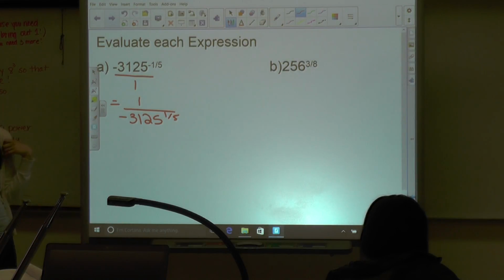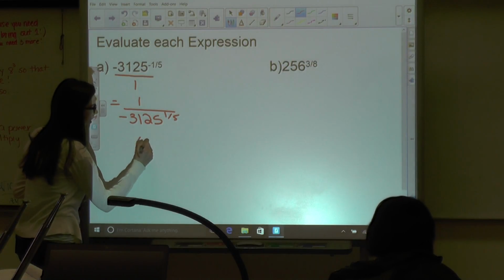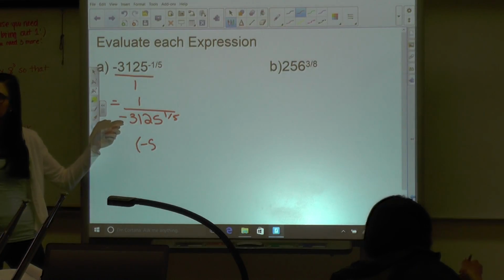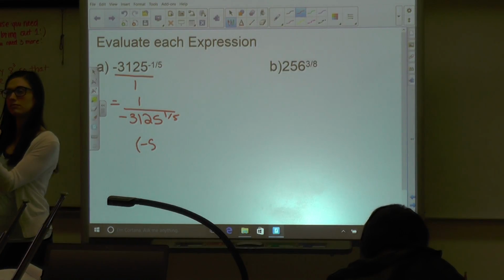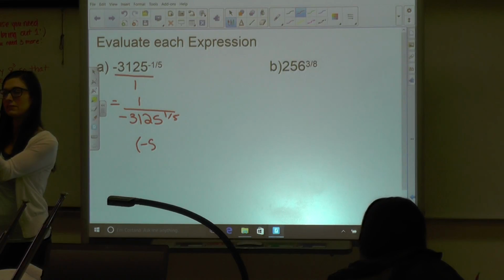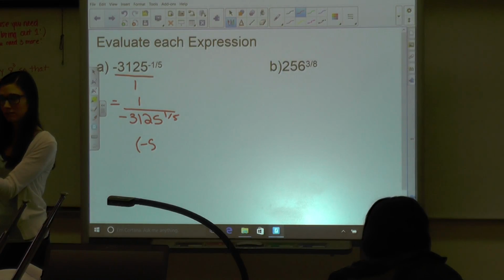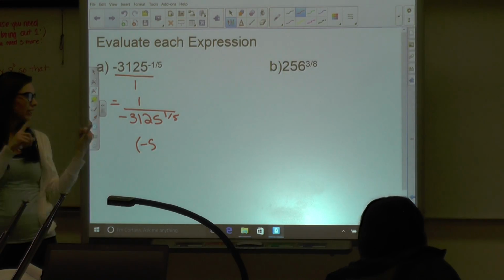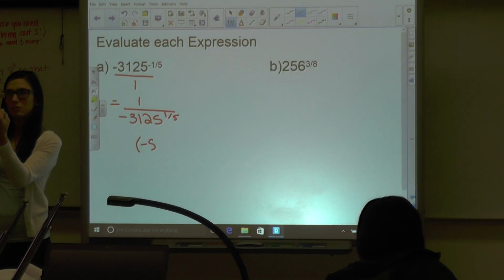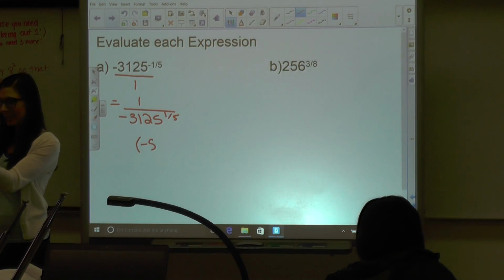That's it. Okay? So we want to do negative 5 to the power 5. Why negative 5? Because we need a negative number. And what's a negative times a negative? Positive. A positive times a negative is negative.